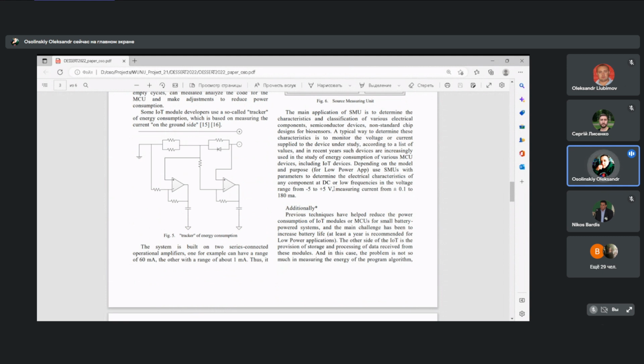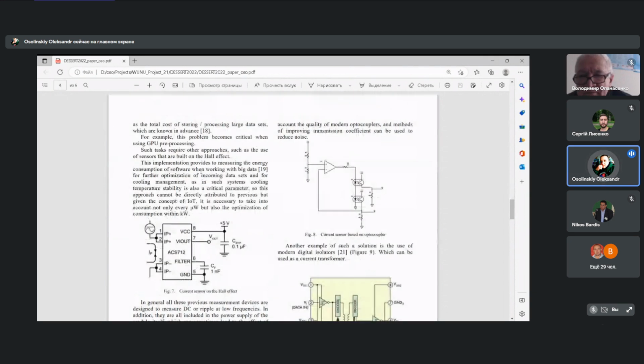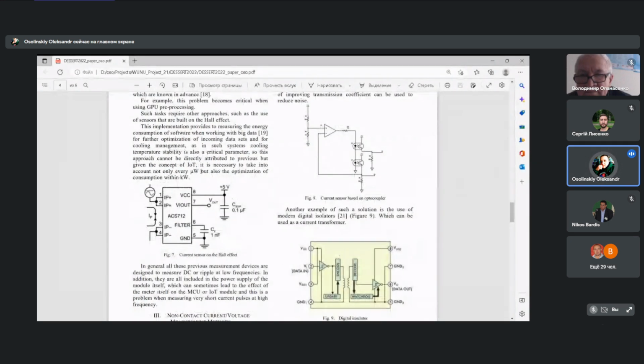In this area, current sensors are usually used, and you can measure not only microcurrent, but also current on GPUs, for analyzing, for example, data transferring or data logging.